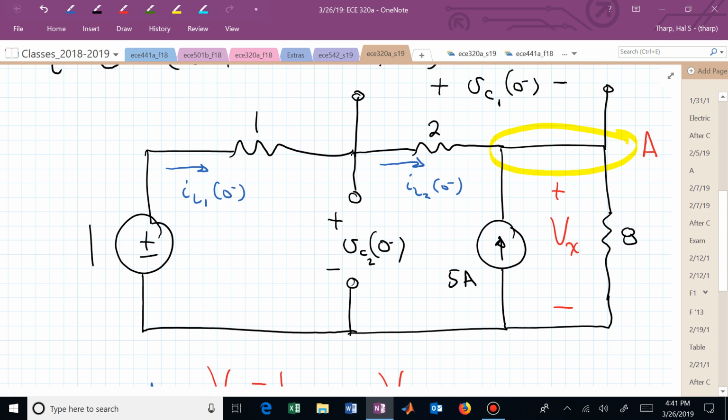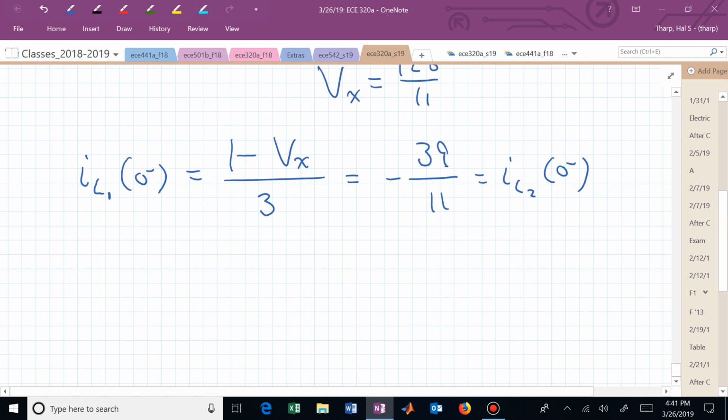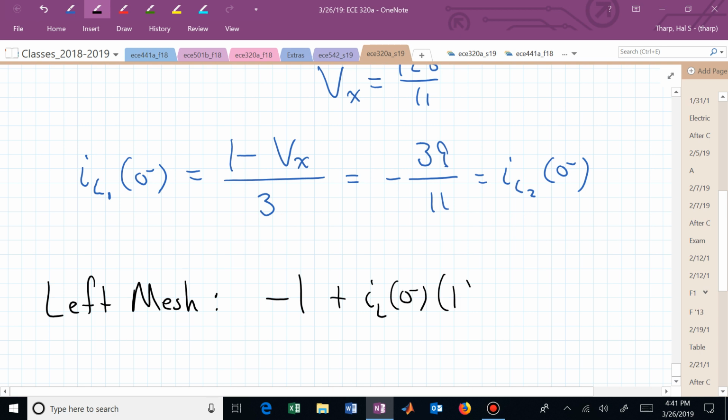We can find V sub c sub 2 of 0 minus doing a KVL here in this left mesh. That's now minus 1 plus I sub L of 0 minus times 1 plus V sub c sub 2 of 0 minus is equal to 0.